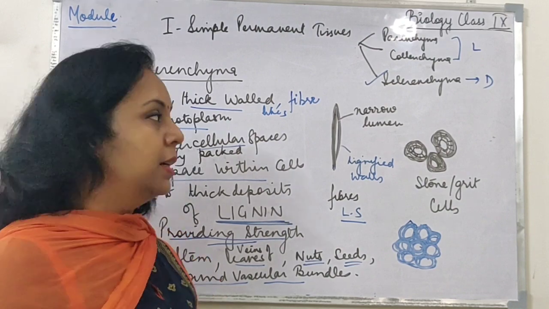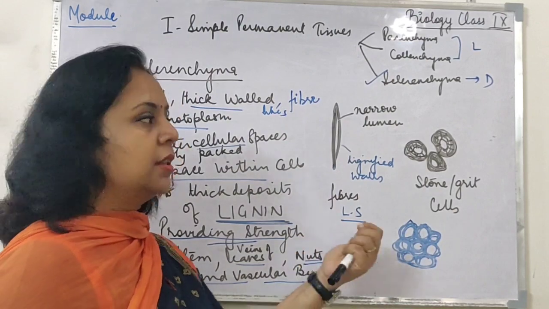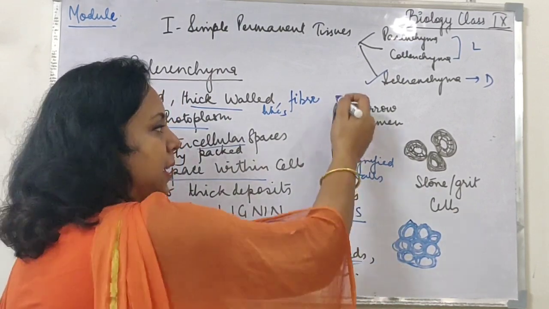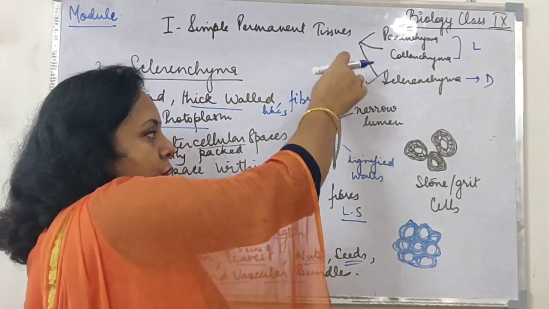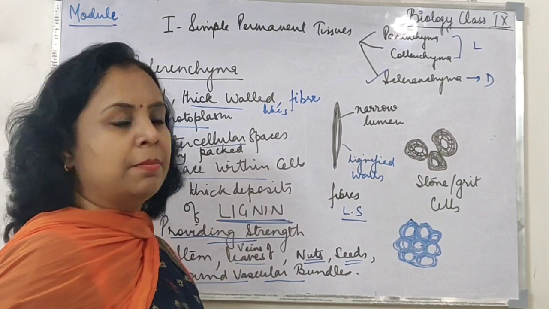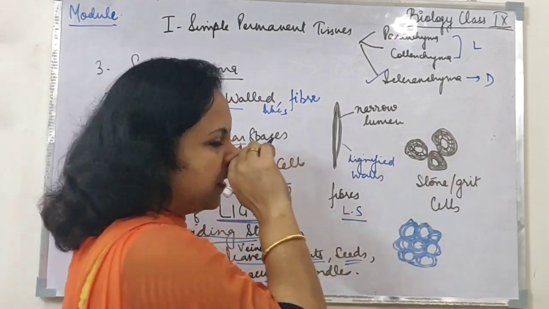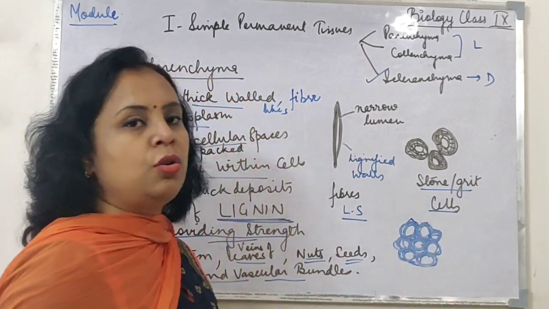sclerenchyma or the fibers. Now depending upon the shape, the sclerenchyma can be either long cells with tapering ends like this, known as fibers, or they could be circular and may be called stone or grit cells.